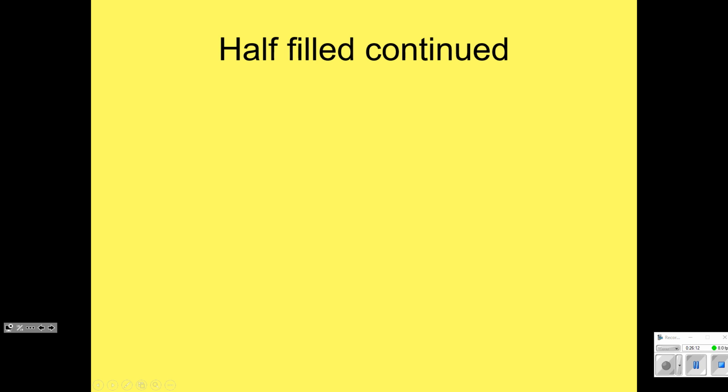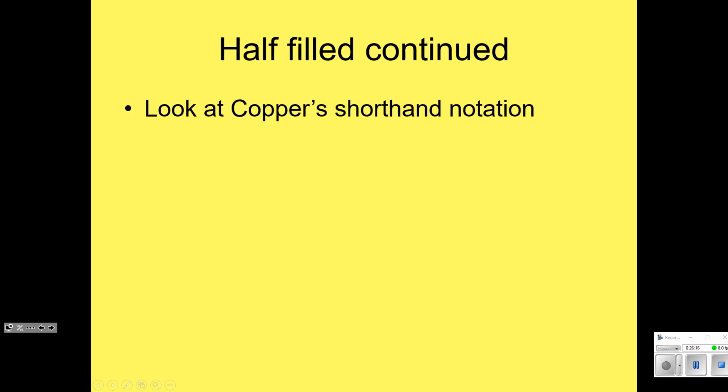Okay. We have to continue with half-filled. Copper is element 29. Look at your periodic table right now for copper, element 29. Copper is the 9th element in the 3d.